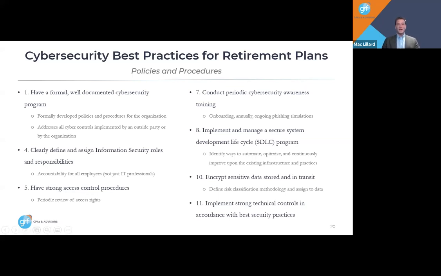We also do recommend, in a lot of instances, managed service providers or third-party administrators can actually provide documentation or some kind of baseline templates that will outline the cybersecurity controls that they implement on behalf of their clients.